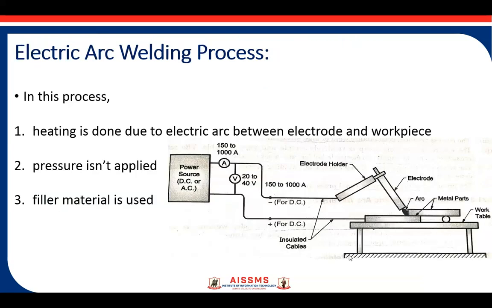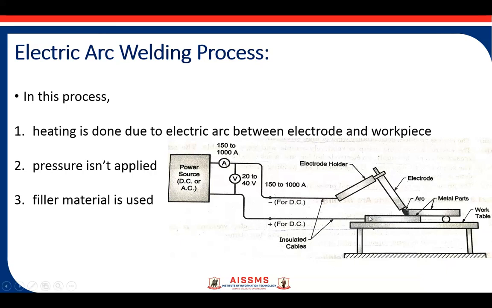The first or the basic welding process is the electric arc welding process, wherein heating is done by the electric arc struck between the electrode and the workpiece. Here in this process we don't require any pressure. External filler material we have to use.